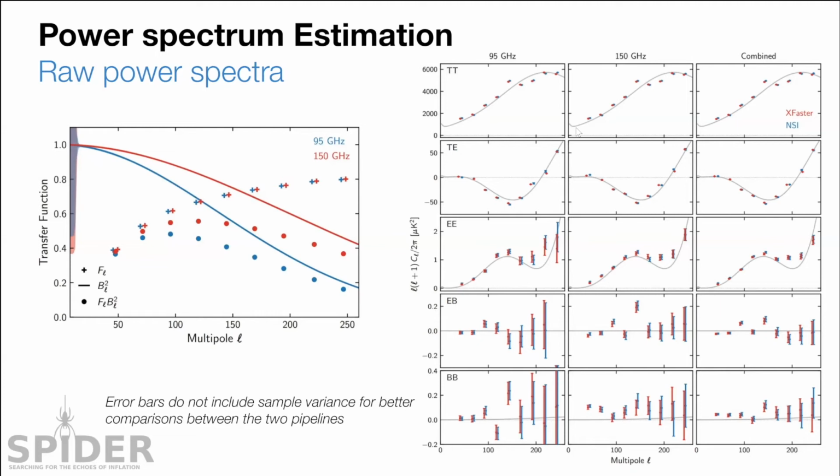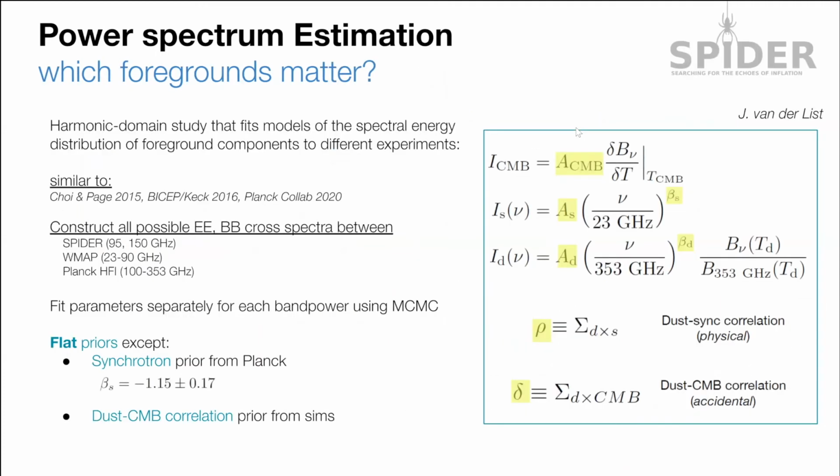So as CMB polarization measurements suffer from diffuse galactic emission, before we do any foreground cleaning, we need to think about which foreground matters for our experiment, and we need to validate that thought. A grad student, Joseph Vanderlist in our group, has done a harmonic domain study that fits models of the spectral energy distribution of foreground components to different experiments: SPIDER, WMAP, and Planck High Frequency Instrument.